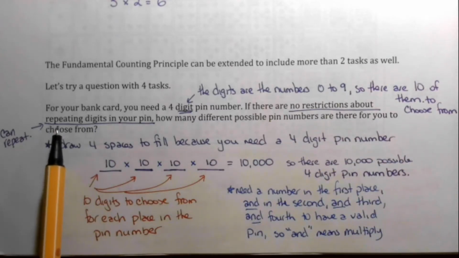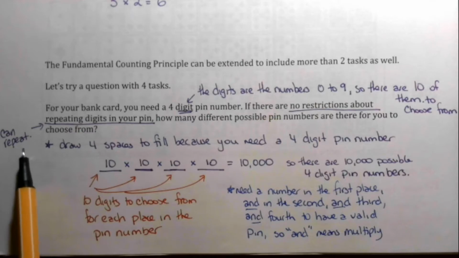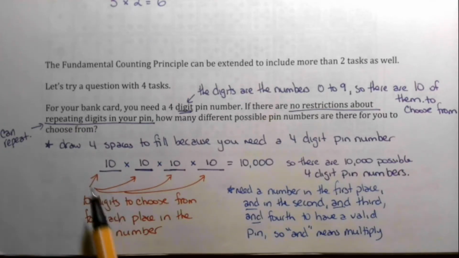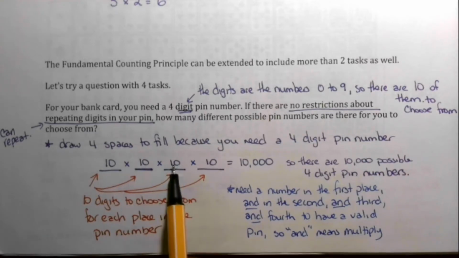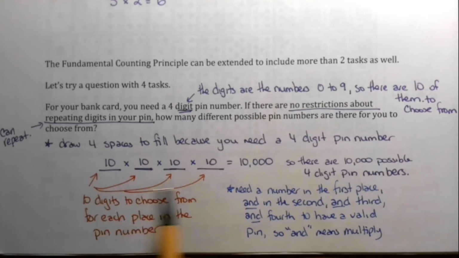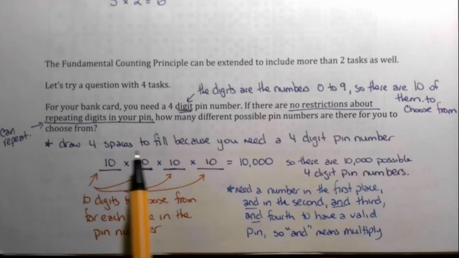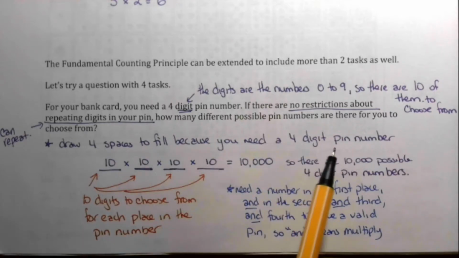If there's no restrictions about repeating digits, it means we can repeat our numbers. So if I put a 1 in for the first number of my PIN, I could put a 1, I could put a 1, I could put a 1. There's nothing about repeats not being allowed. So in order to do something like this, we're first going to draw 4 spaces to fill because we need a 4-digit PIN number.